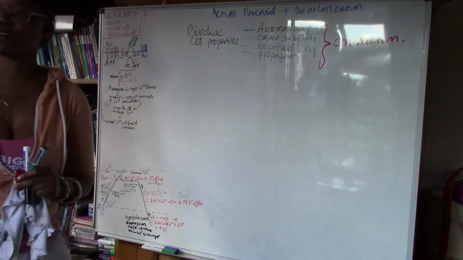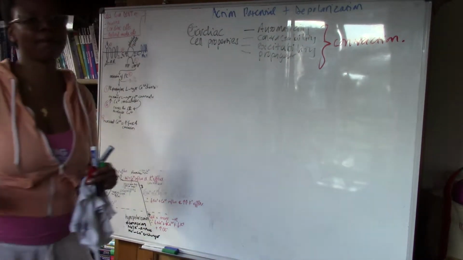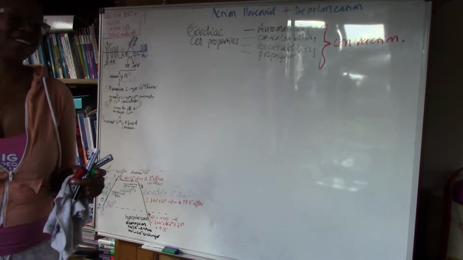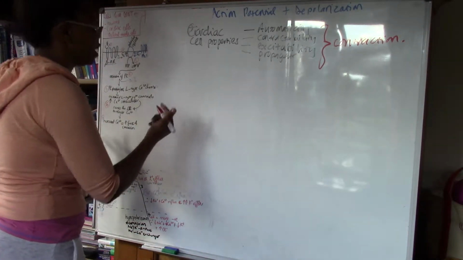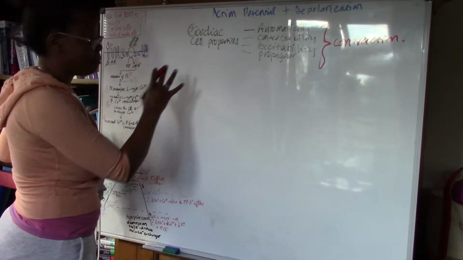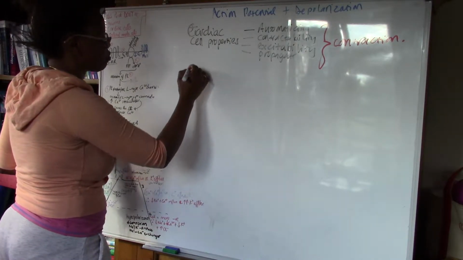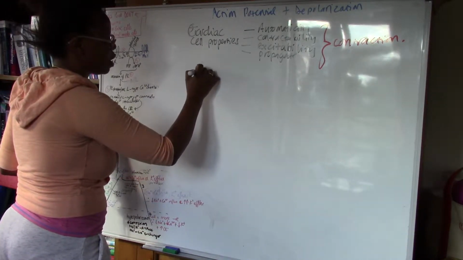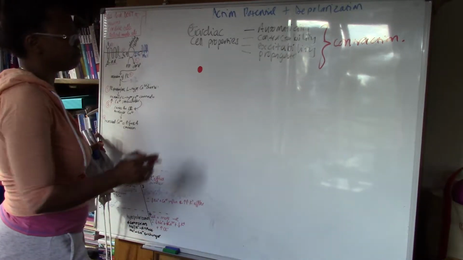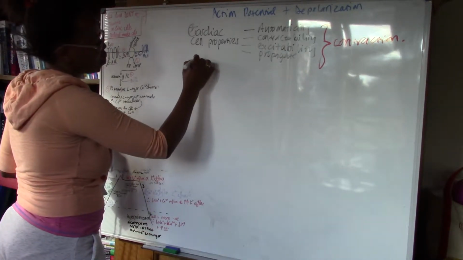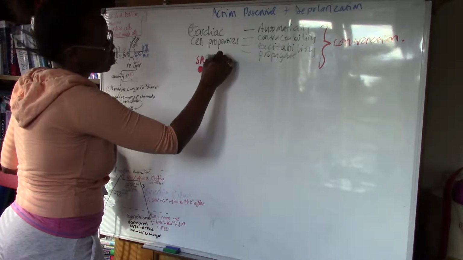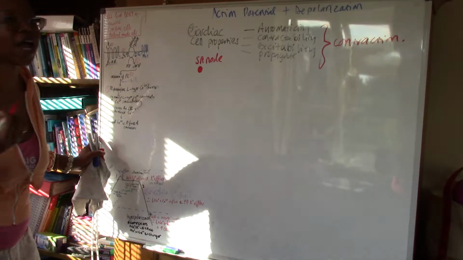In terms of cardiac cells, if we were to remember how impulse is generated in cardiac cells, we have to begin from the chambers themselves. If we go back to the chambers of the heart, we'll remember in the first section I talked about the SA node, which is found in the right atrium.